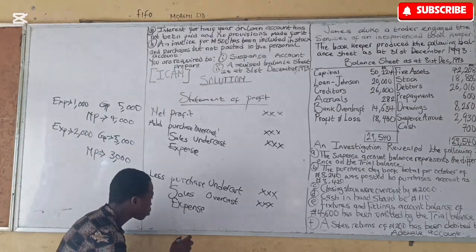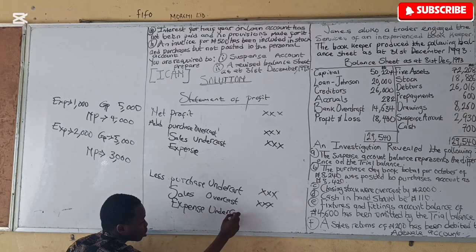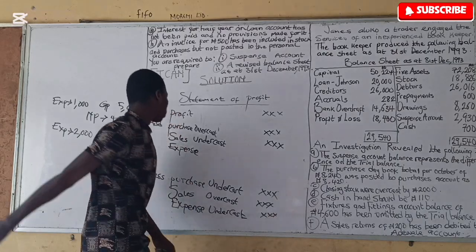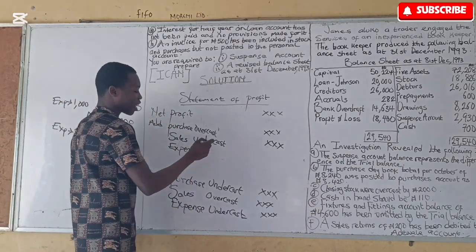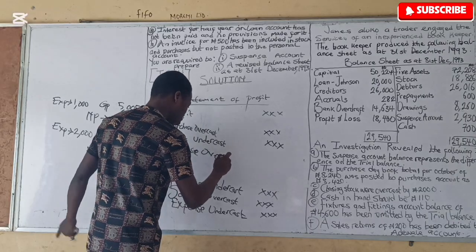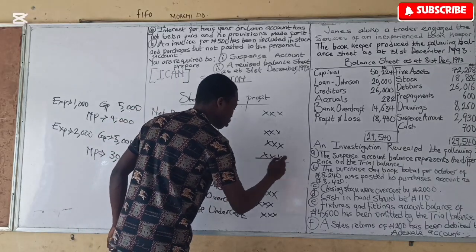So expenses understated or undercast is going to be deducted. But for expenses overcast, that is the opposite. You already know that, and it's already here. It's going to be added.